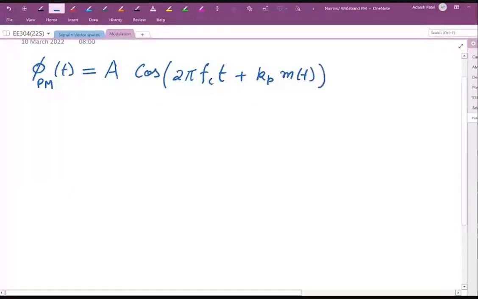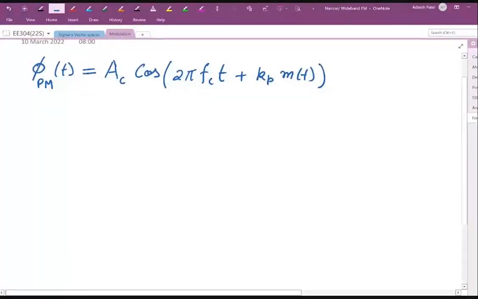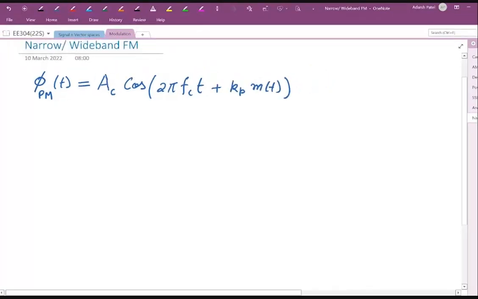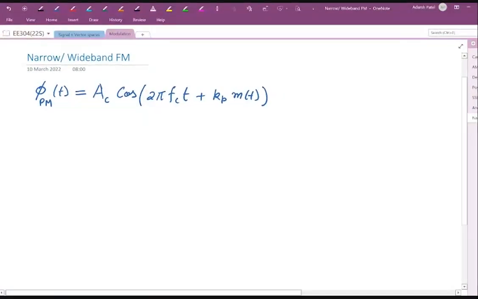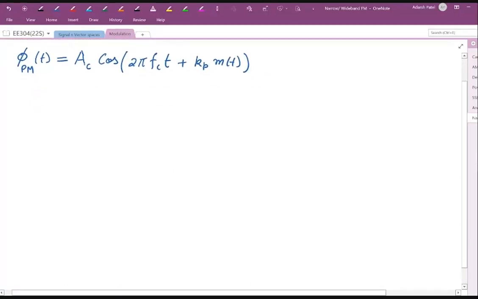Correct. This was the signal. I will just say this as Ac. So this was the phase modulated signal.